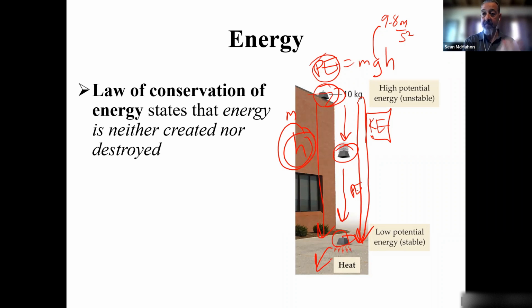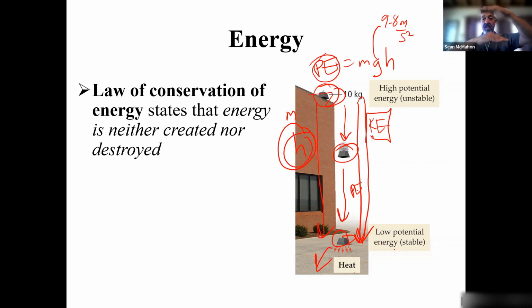So just like mass, energy is conserved. I can't create or destroy it out of thin air. I can only transform it. So this had potential energy, and I transformed it into kinetic energy and heat. And typically you want to go to lower potential energies. So what's a lower potential energy?